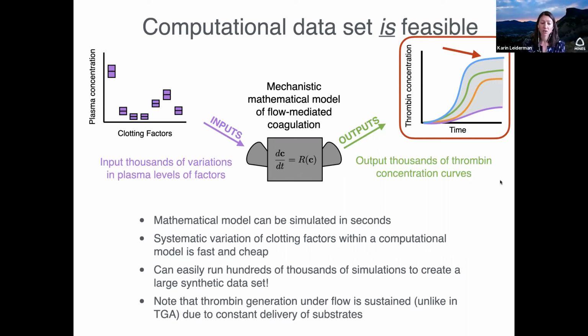This is due to the fact that there's a constant supply of substrates or proteins that are being brought into the system. I like to point this out here because this is different than what you may have seen in a thrombin generation assay, where the thrombin concentration goes up and then comes back down, because there's a limited amount of proteins in a test tube, right?